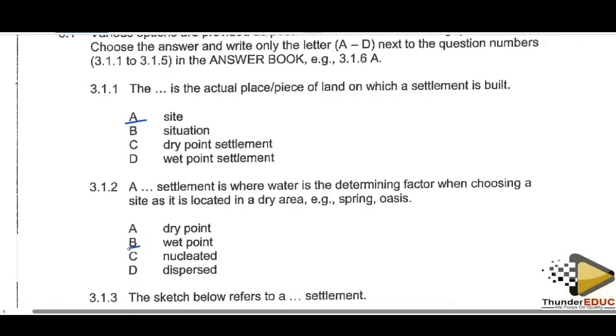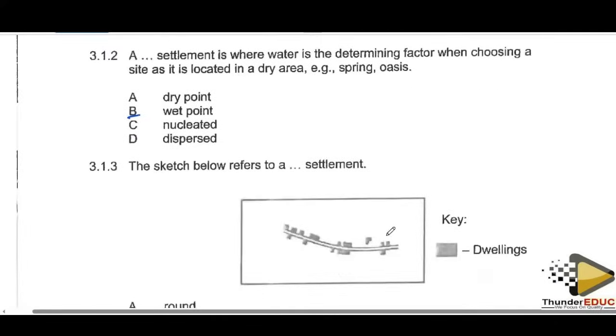Unlike a dry point settlement, with a dry point settlement, they are situated far from a water source because water is seen as a threat. But when we say a wet point, in that area water is scarce. Therefore, people usually locate close to the water sources. 3.1.3.